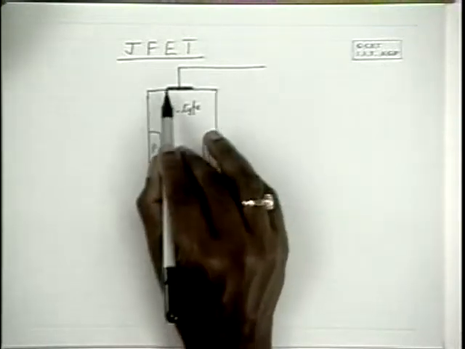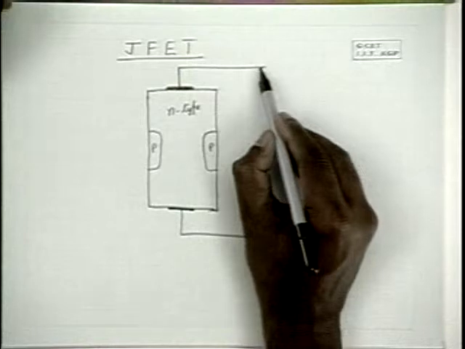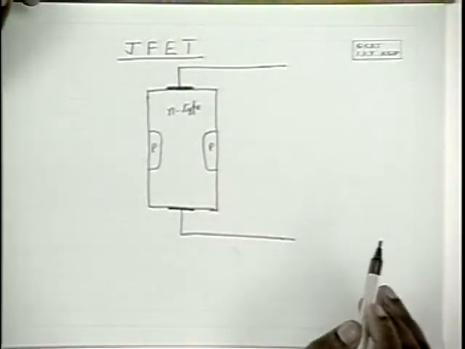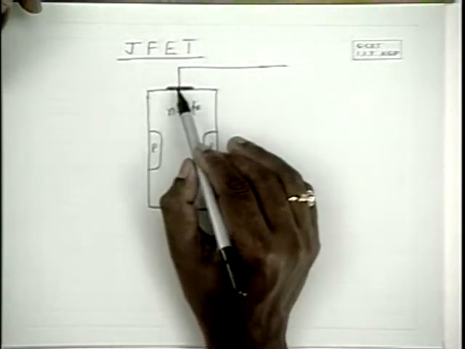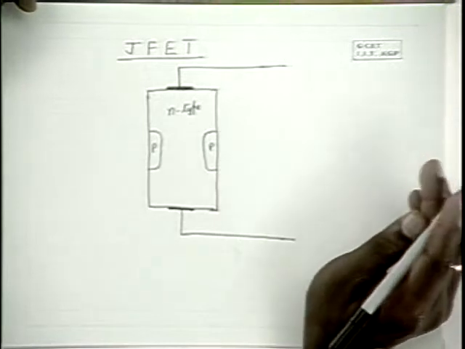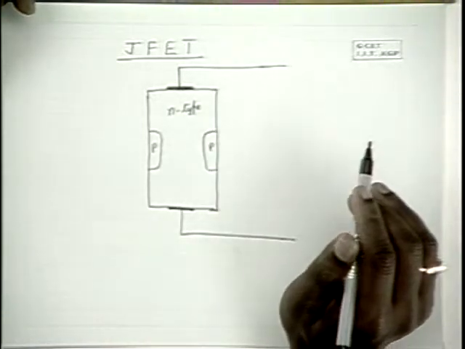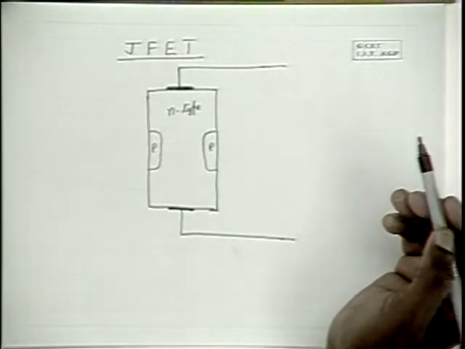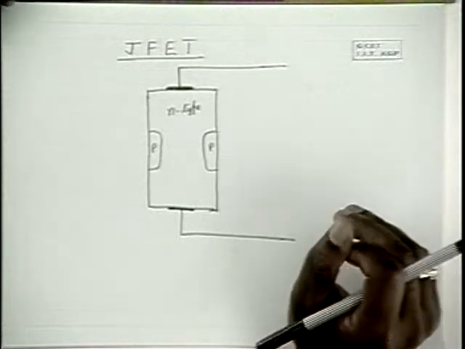So this is a P-type, N-type semiconductor material with two terminals brought out. And naturally, as you have seen earlier, this N-type material acts like a resistance, with the conductivity given by sigma equal to q mu n, what we have discussed earlier.